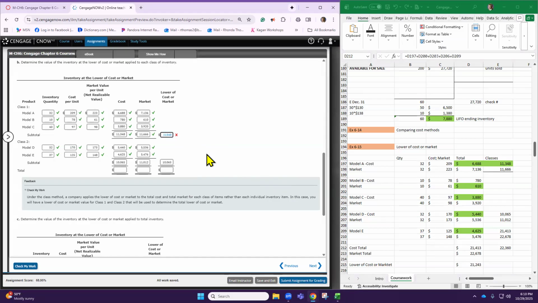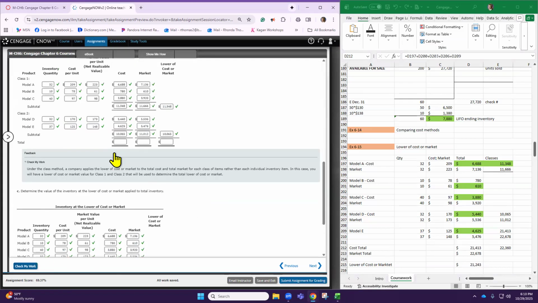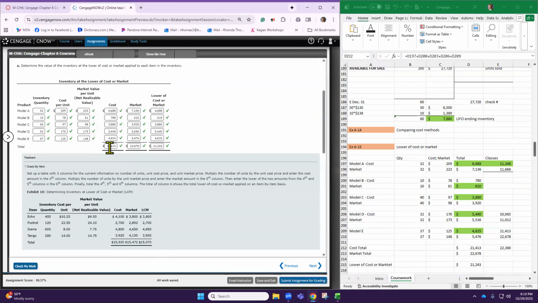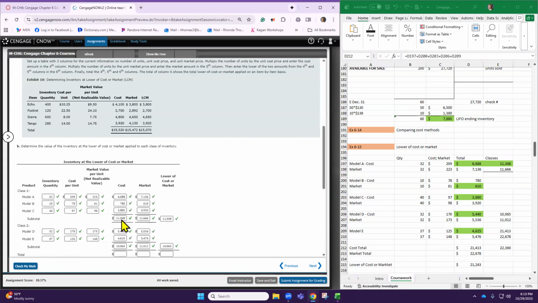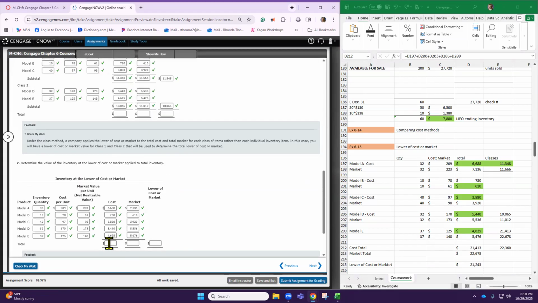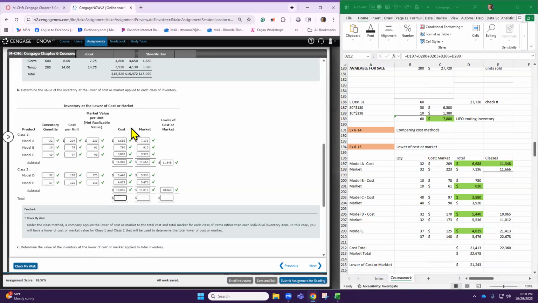Whoa, I got way too many numbers in there. That's what's wrong. Okay, 11,348. And the lower of both of these is 10,065. Okay, what they're trying to show you is these totals down here are the same for here and the same for here.